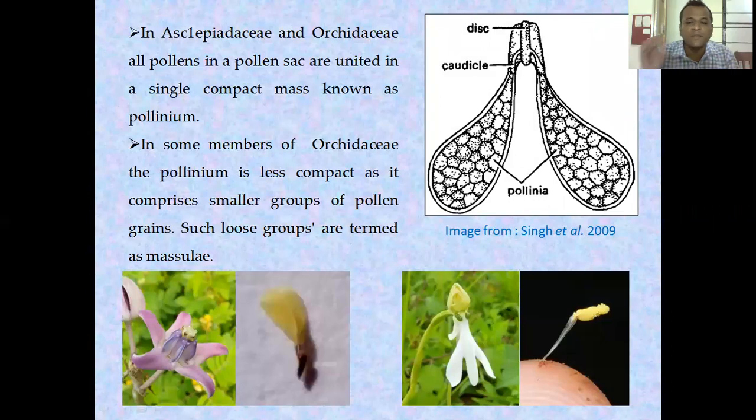In this structure of pollinia, you can see the disc to which there are two caudicles, and at the tip of each caudicle you will find the pollinium. But in some members of Orchidaceae, the pollinium is less compact, as it comprises smaller groups of pollen grains. Such loose groups of pollen grains are termed massulae.